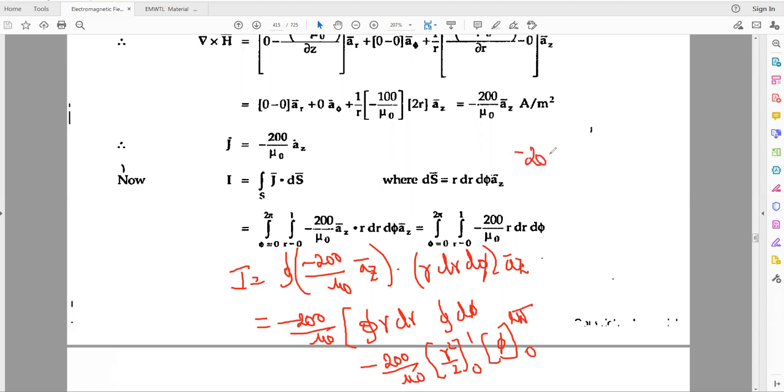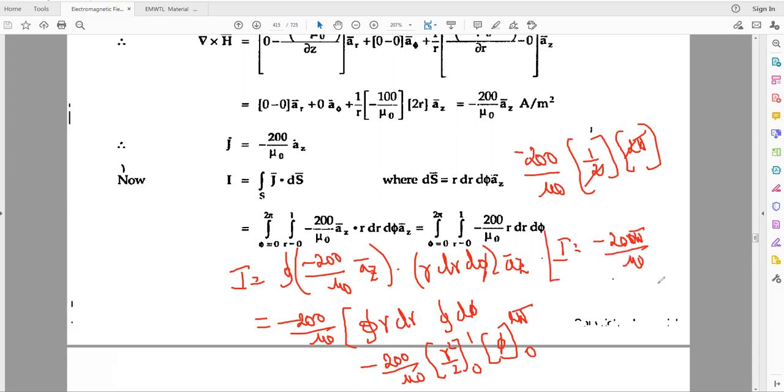So minus 200 by mu naught, R square is 1 by 2, and the 2 pi. So 2 gets cancelled and finally the current is equal to minus 200 pi by mu naught.